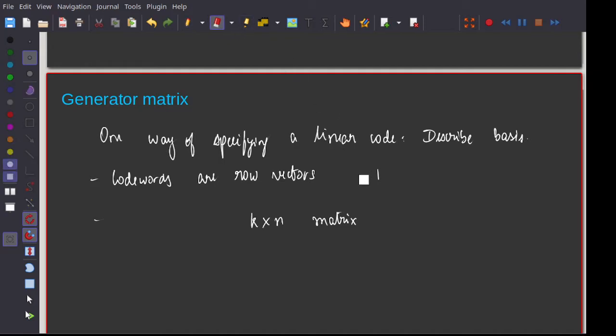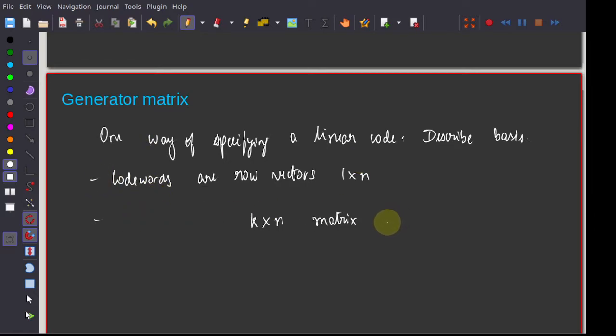It's a 1 cross n vector. I know that the code is of dimension k, so I can specify the basis in terms of the k basis vectors, or as a k by n matrix.